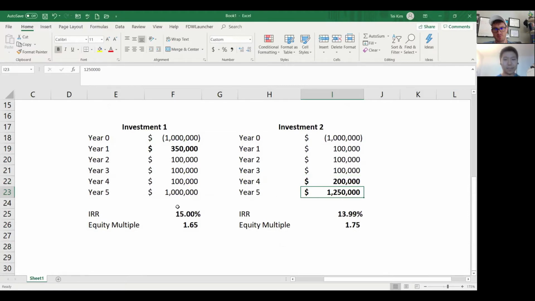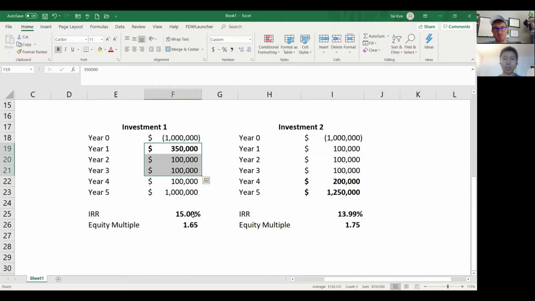So in this case, I've got a big number coming in soon, so the IRR is 15%. This one is nearly 14% because the initial cash distribution is smaller than this one.